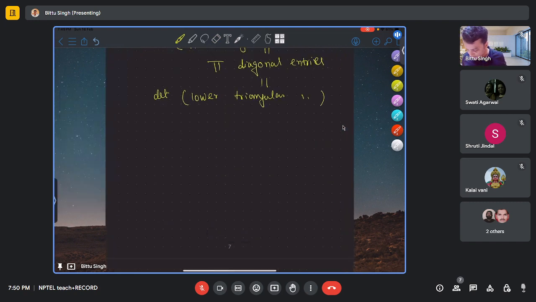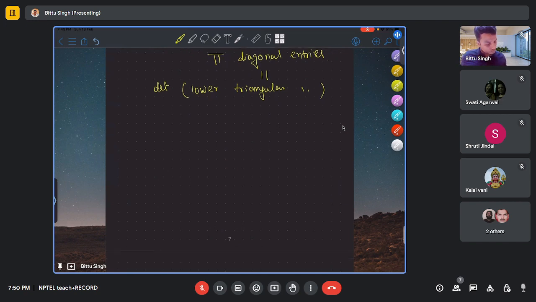Now let us solve an example. Given this matrix, A is 1, 1, 1, a, b, c, a squared, b squared, c squared.